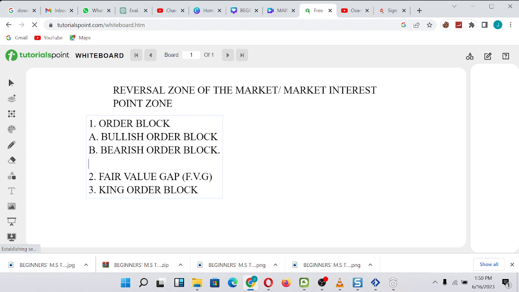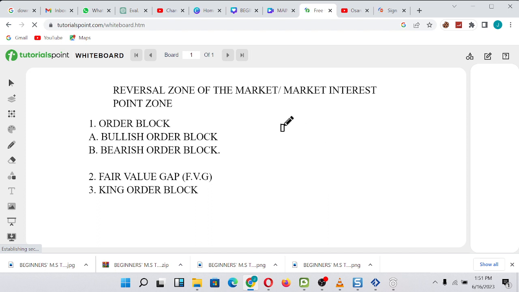So an order block, let's look at our bullish order block. A bullish order block is the last red candle before the expansion.